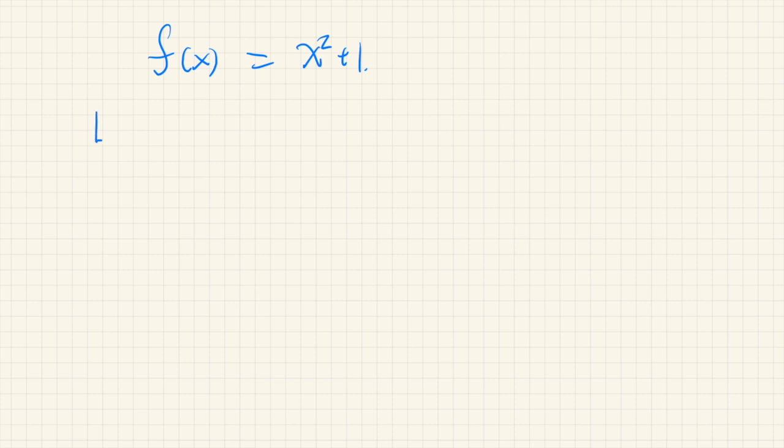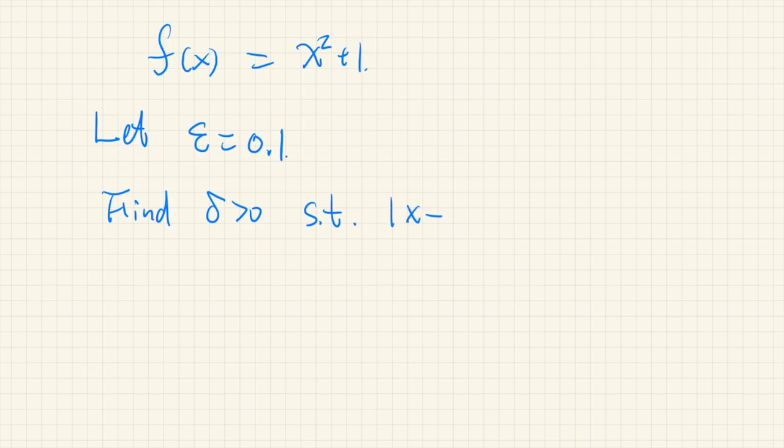Now let epsilon be, say, 0.1, and let's find the value of delta that is positive, such that if x minus 1 is between 0 and delta, then the difference between f of x and 2 is less than epsilon, which in this case is 0.1.